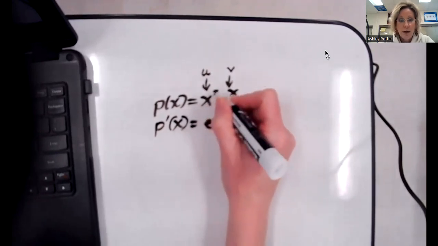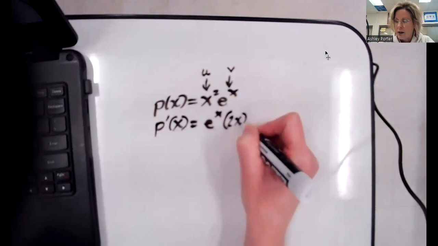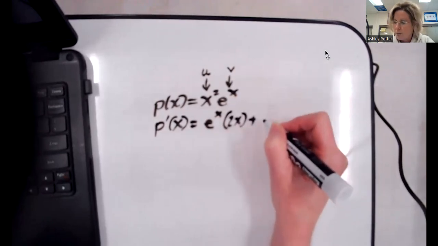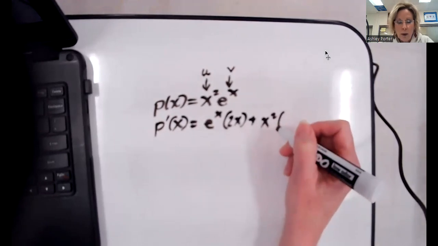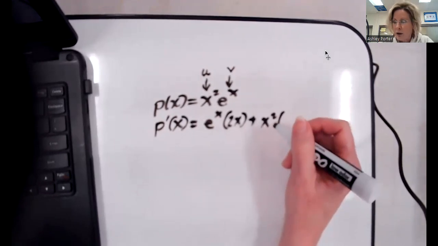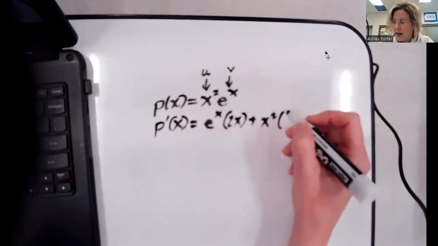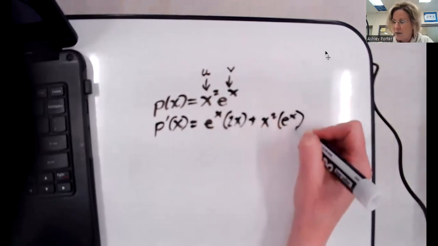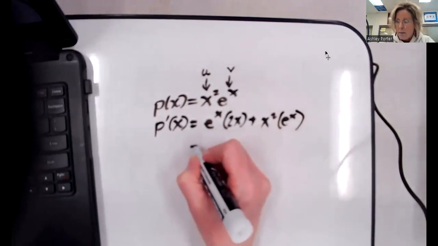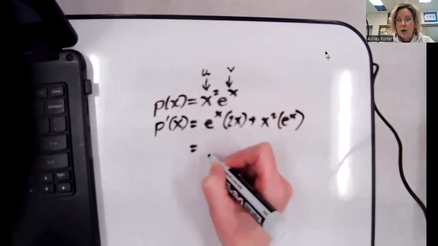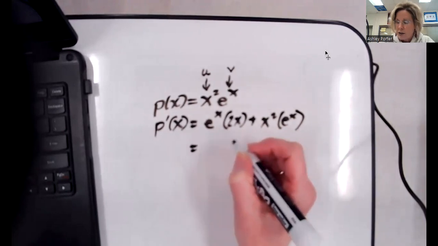Du is the derivative of x squared, which is 2x, plus u dv. Remember, we learned when we were experimenting with the calculator that the derivative of e to the x is e to the x. Now, this answer is fine, but normally you're going to see two different alternate versions.